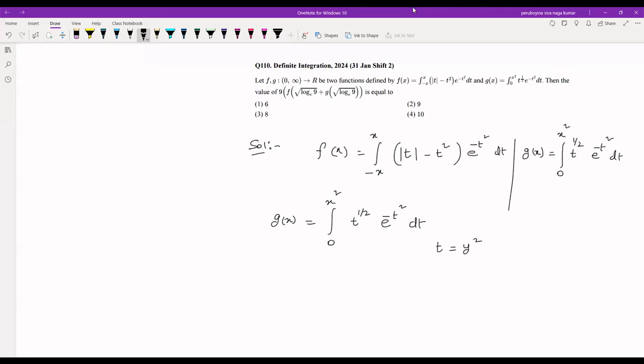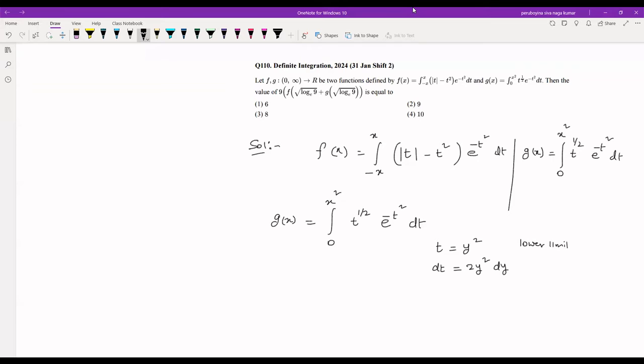Automatically t value will be y square, and differentiating on both sides, dt will be 2y dy. We will substitute and confirm the lower limit and upper limit also.